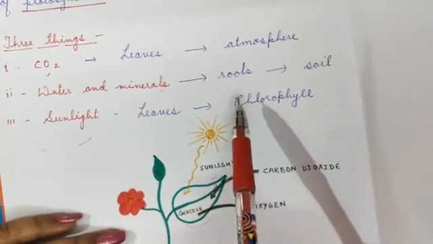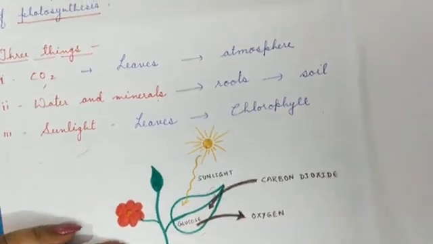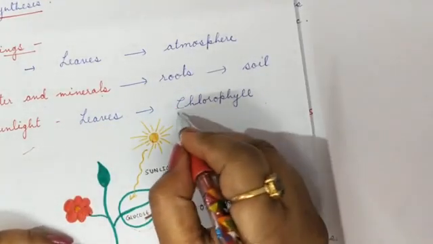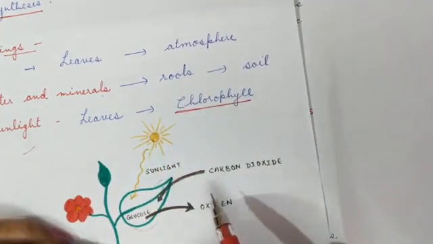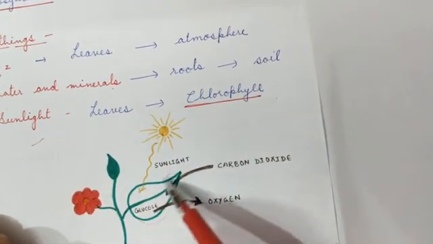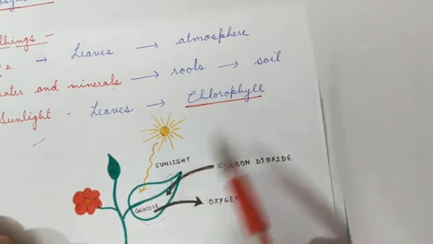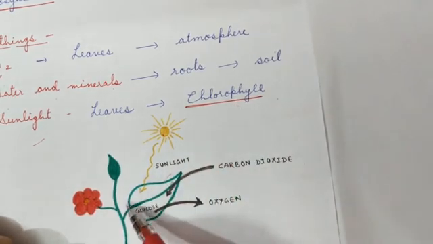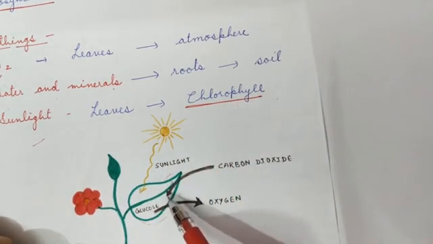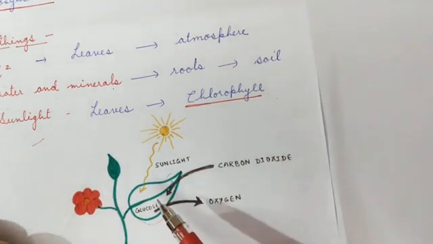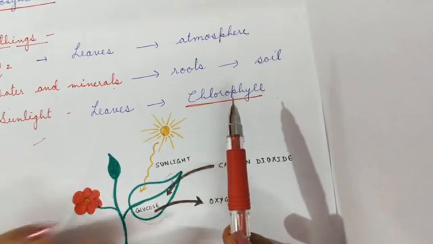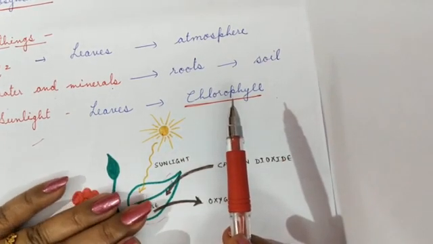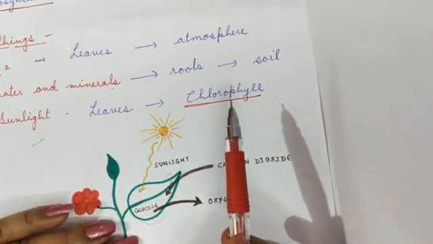And this green pigment is known as chlorophyll. So chlorophyll is a green colored pigment present in the leaves. And because of this chlorophyll only, the leaves of the plants are green in color. And that is why it is said that the non-green plants can't prepare their food.